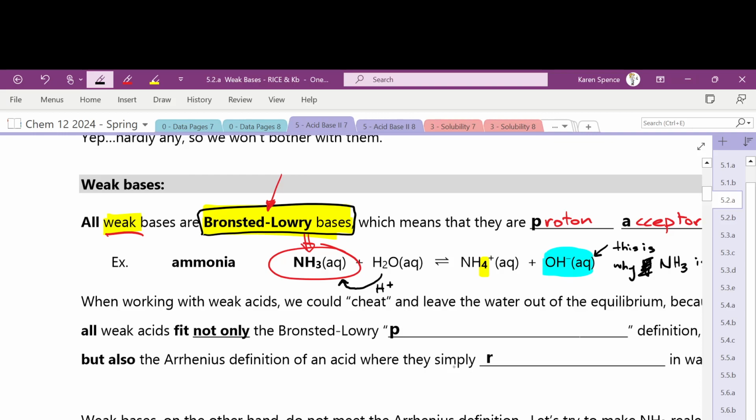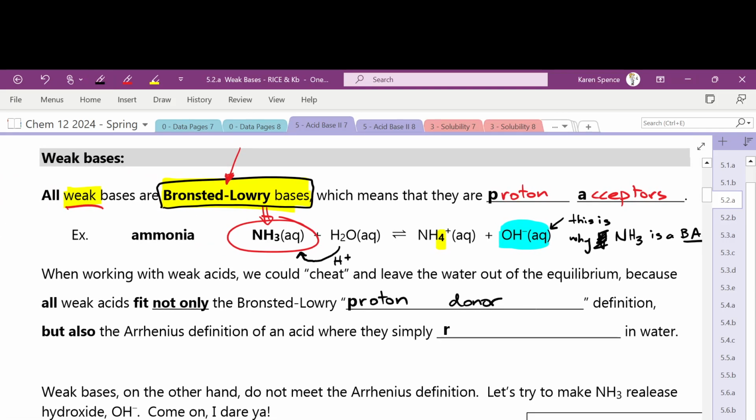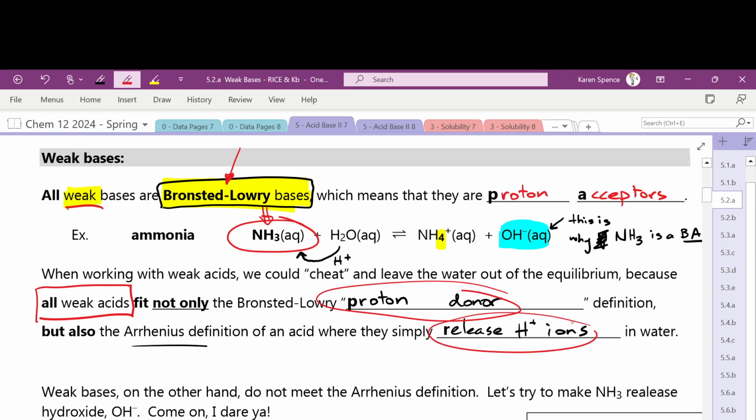And that's because weak acids not only fit the Bronsted-Lowry proton donor definition, but they also fit the Arrhenius definition where they simply release H plus ions in water. So all our weak acids are proton donors and they release H plus ions. But bases, you cannot do it.